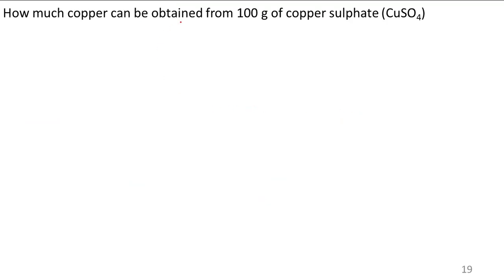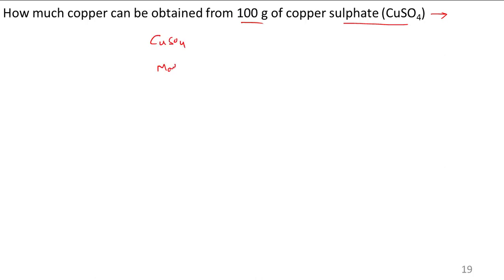How much copper can be obtained from 100 gram of copper sulfate? Now let us see how to do such numericals. First of all, we have to calculate the molecular weight of copper sulfate.